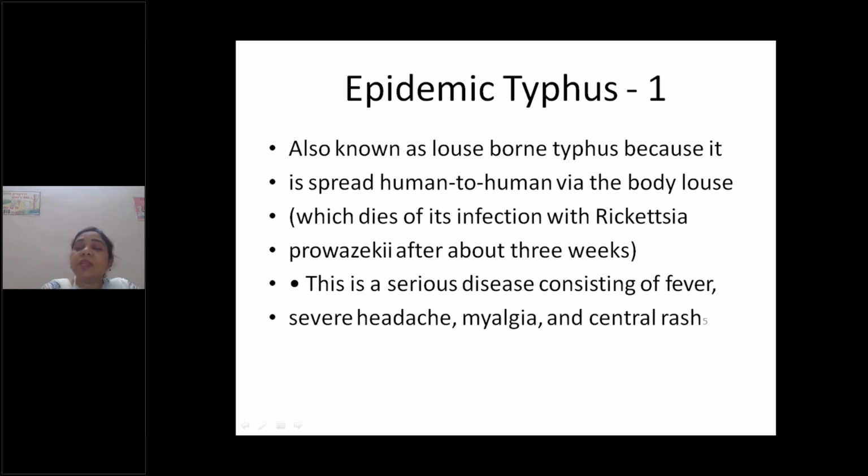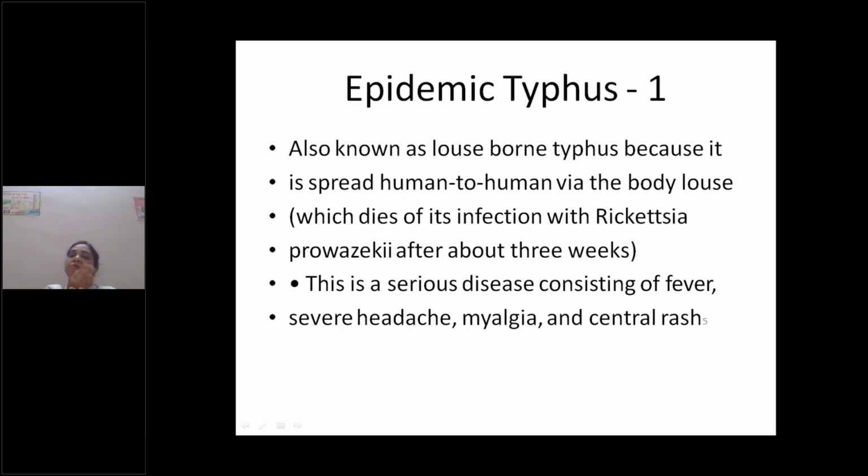What is the scientific name of the vector? Pediculus humanus corporis. What's the name of the bacteria? Rickettsia prowazekii. For typhus, what are the common symptoms? Fever, headache, and so on. These are the common symptoms which start once a person acquires infection.